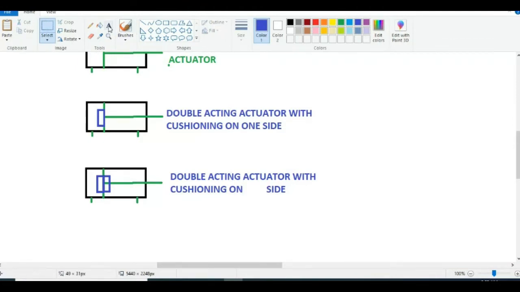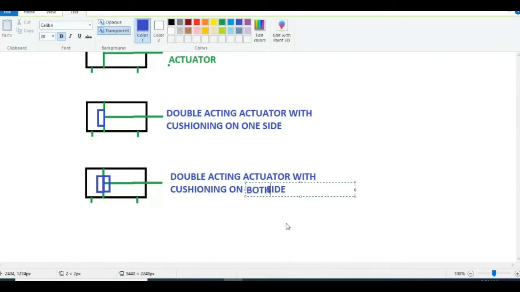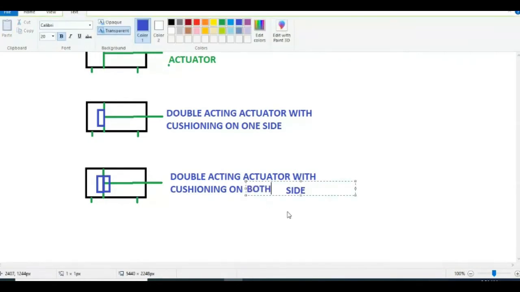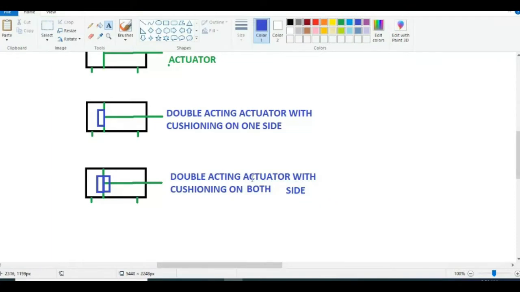Instead of one side, you just have to represent it on both sides. Double acting actuator with cushioning on both sides. This is the symbol for it.